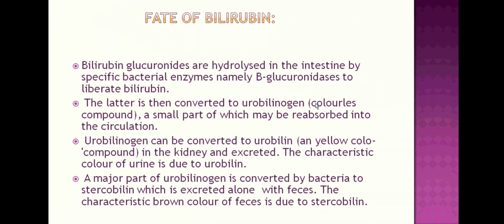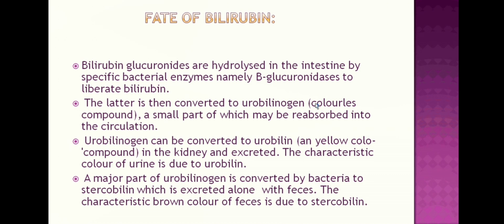Fate of bilirubin. Bilirubin glucuronides are hydrolyzed in the intestine by a specific bacterial enzyme, namely beta glucuronidase, to liberate bilirubin. The latter is then converted to urobilinogen, a small part of which may be reabsorbed into the circulation.